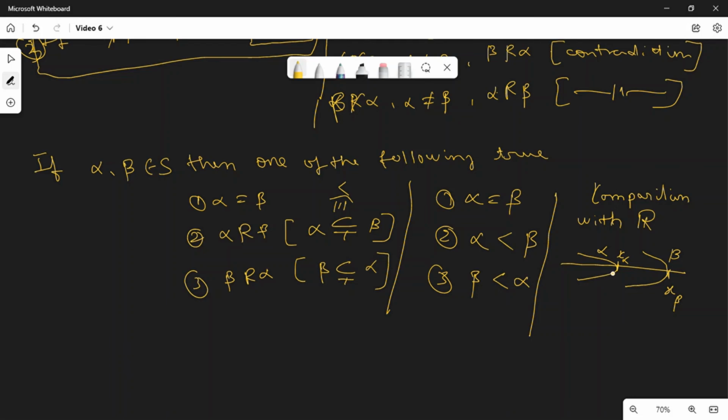I'm not going to prove it, but this clearly shows that x alpha is less than x beta. I'm talking about real less than: this value is less than this value.